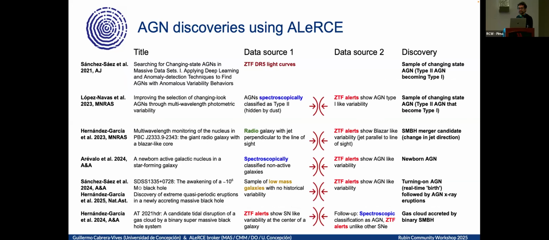It's basically saying that all the papers that have found weird things in ZTF data have been done by discovering things that don't look the same on two different data sources. So we're going to talk about that on Thursday if you participate in that session.